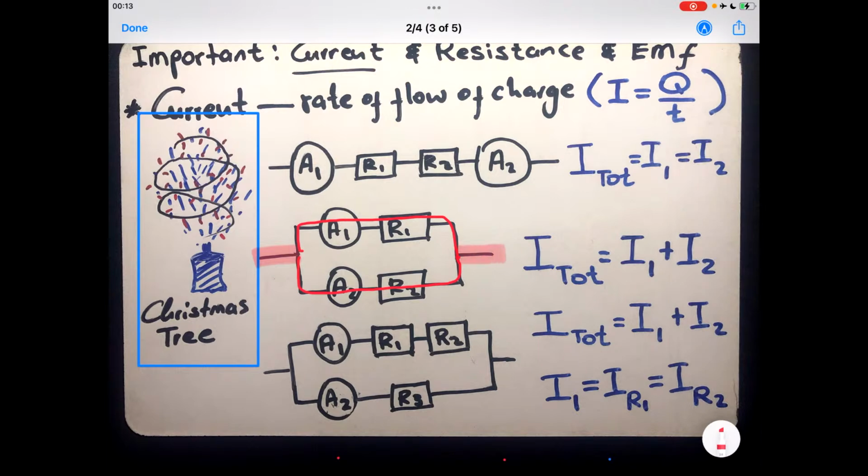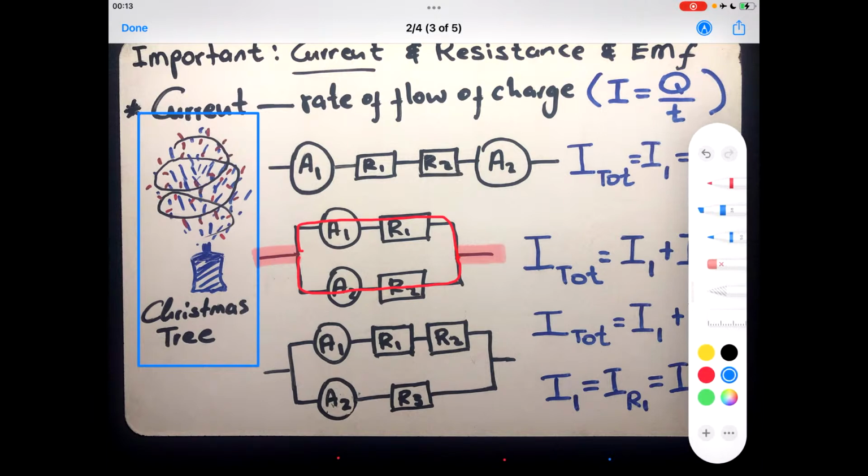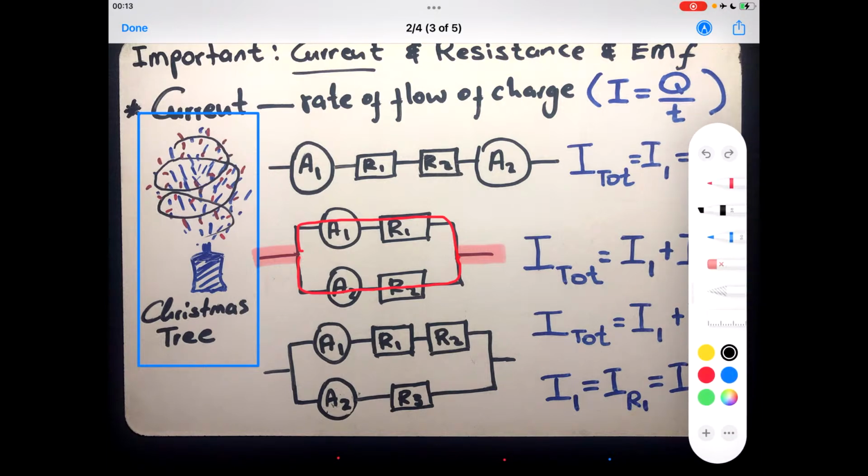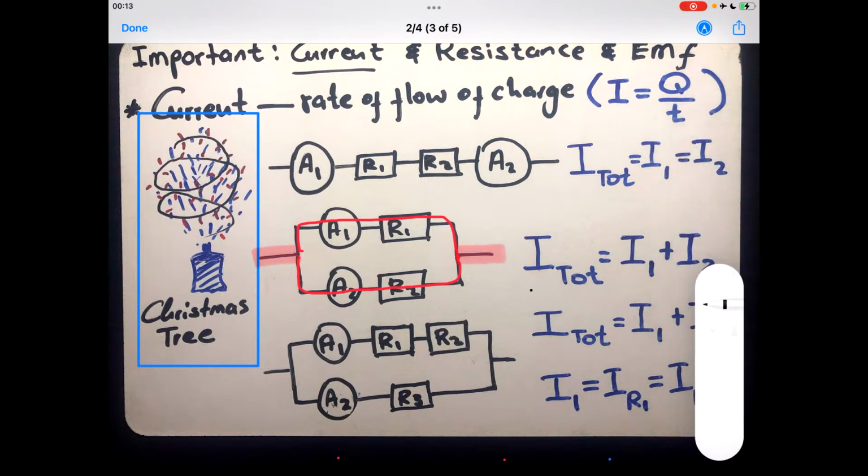Can you see something very important, honorable members? In this case, you've got the total flow of current which splits in two directions.